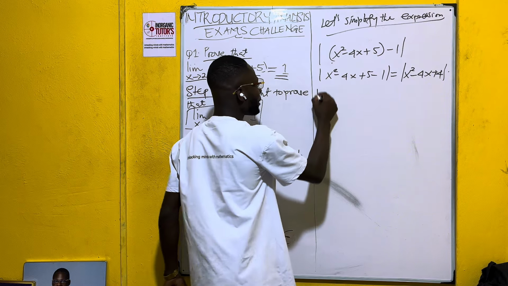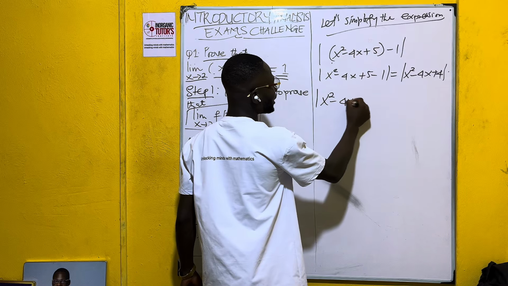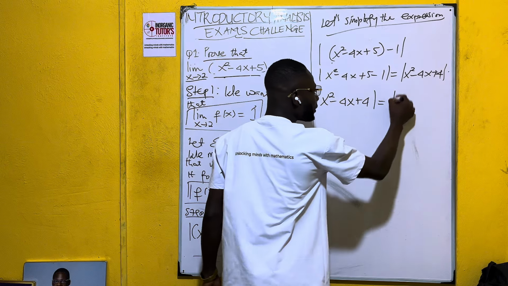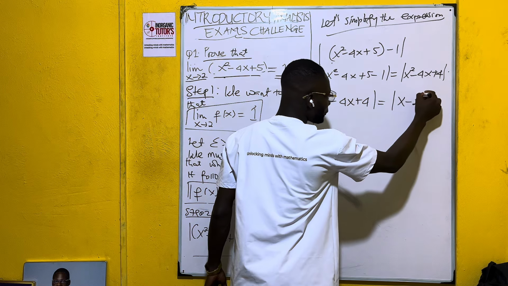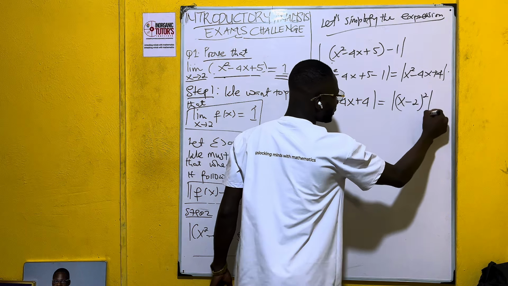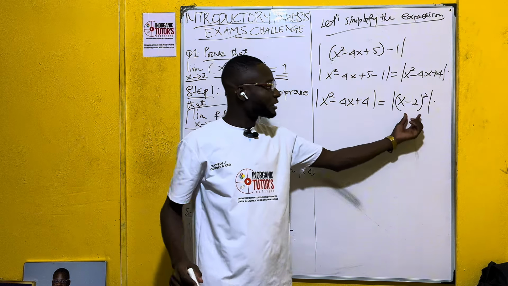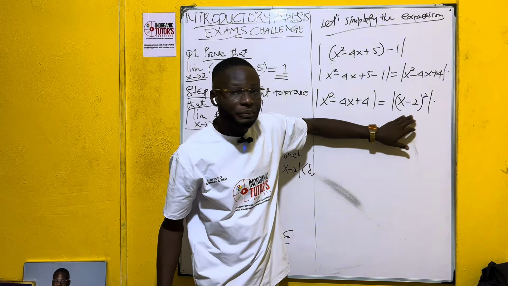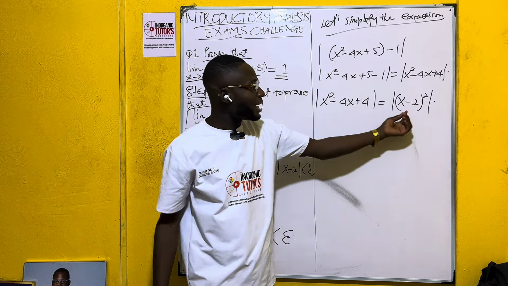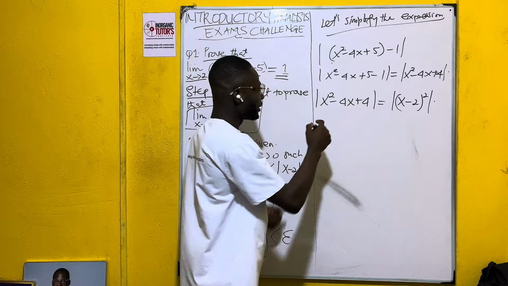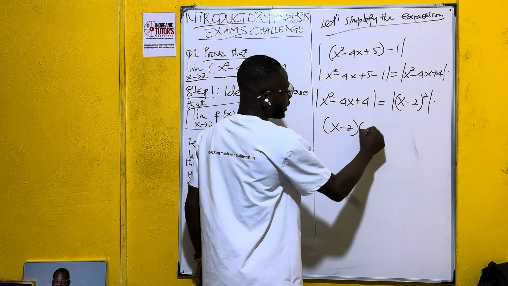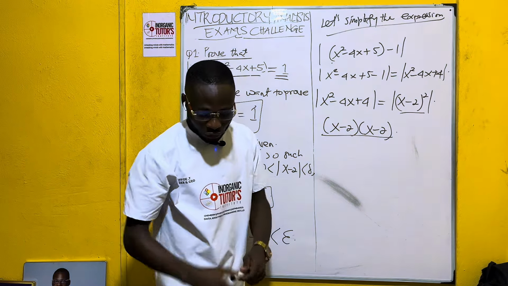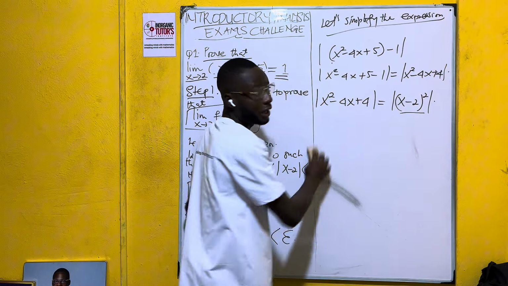This is the same as the absolute value of x minus 2 all squared. This basically means a repeated root, x minus 2 times x minus 2. So that is the expression we have there.